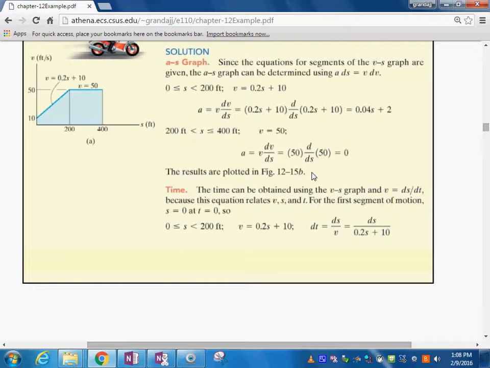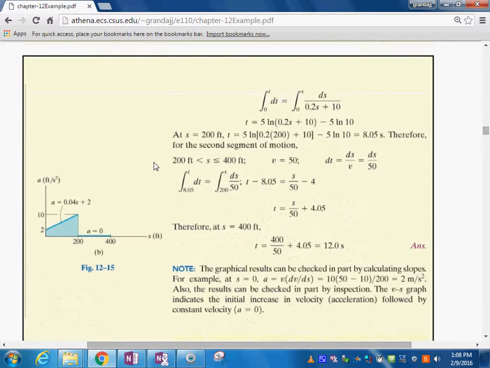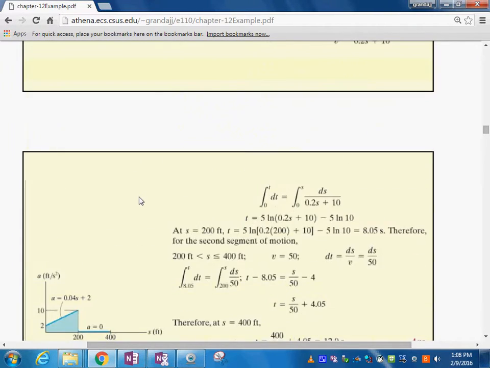And so at s equal to 200 feet, t is 5 natural log of 0.2 times 200 plus 10, and then we continue with this until we get 8.05 s.